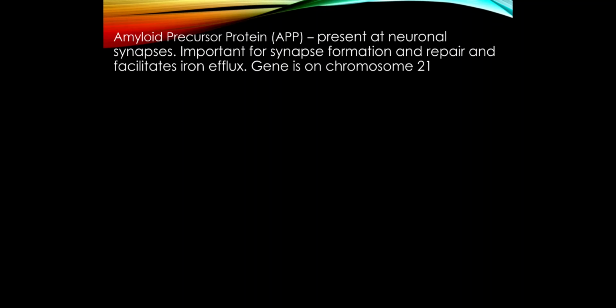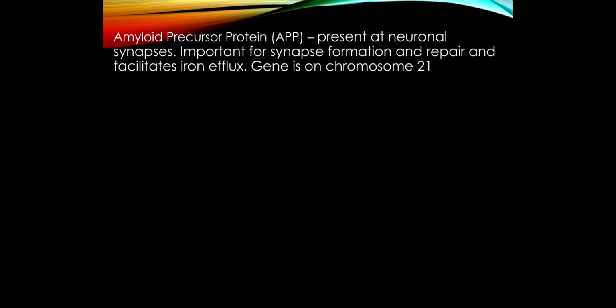And also recently it's been found that amyloid precursor protein facilitates the efflux of iron. And we know, for example, that there are some genetic causes of Alzheimer's where the prevention of the efflux of iron leads to iron accumulation within the neurons, and then there's some toxicity from that. So that may be important in the understanding of this condition.